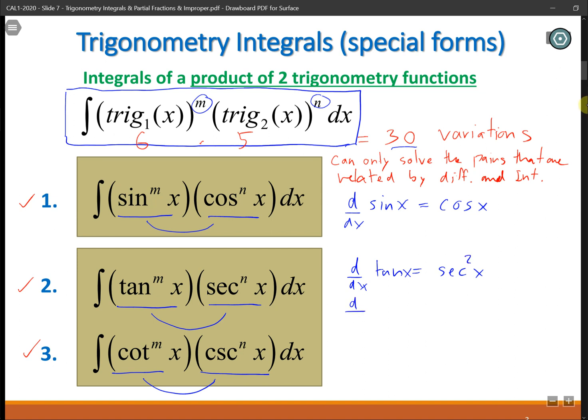And also if you differentiate secant, you get secant tan. And down here you differentiate cotan x, you get minus cosecant x squared. And just like above, you differentiate cosecant x, you get minus cosecant x and cotan x.